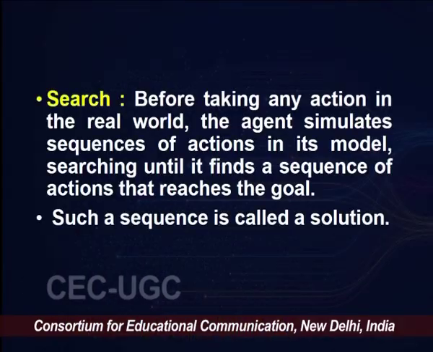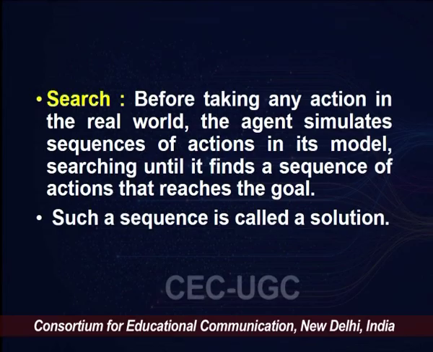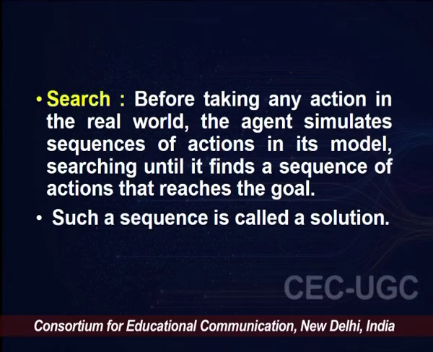Moving forward, now states are seen, and so are actions. But before taking any action in the real world, your agent actually simulates the sequence of actions in its model, searching until it finds a sequence of actions that reaches the goal, and such a sequence is called the solution.